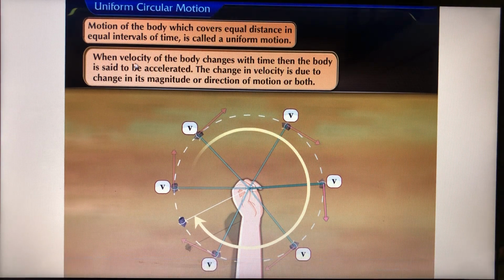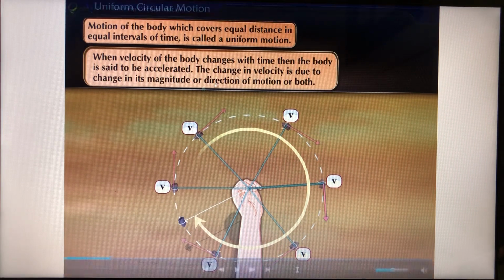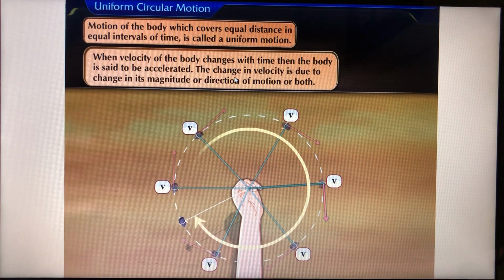But here when velocity of the body changes with time, then the body is said to be accelerated. Please try to understand. Accelerated doesn't mean that each and every time speed must increase. But when every second, when time changes, the body changes its velocity, that is known as accelerated motion. The change in velocity is due to change in its magnitude or direction or both.